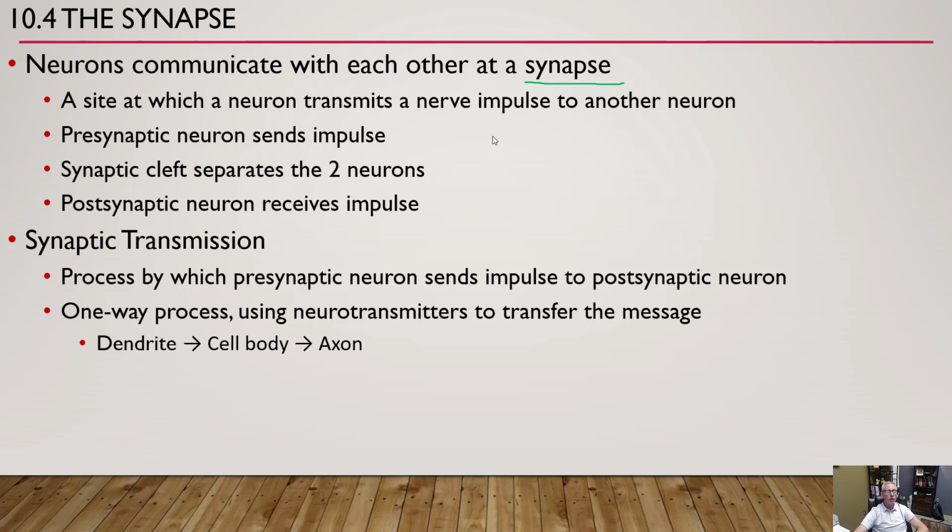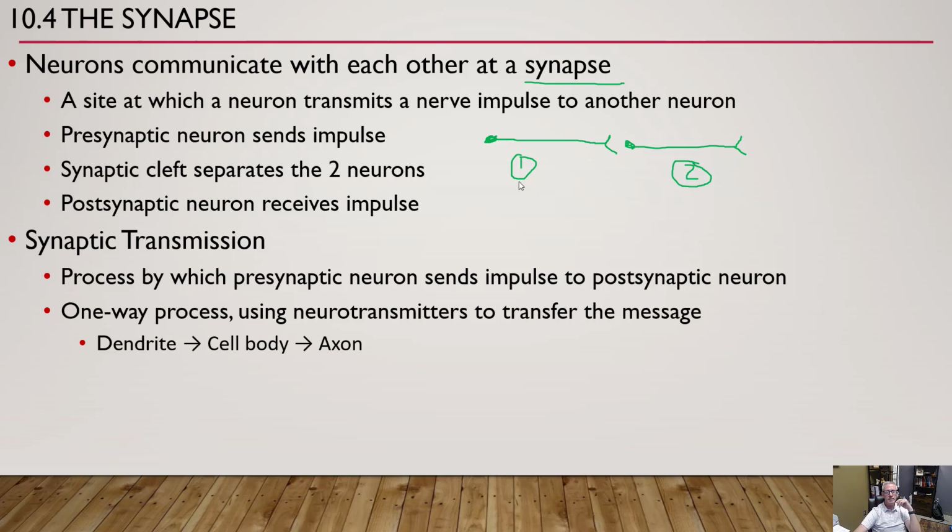When we draw neurons, we draw them kind of like this. That's our cell body, and that's our axon. Then we have another cell body and another axon. We really don't draw the dendrites. So this would be our presynaptic neuron, and this would be our postsynaptic neuron.